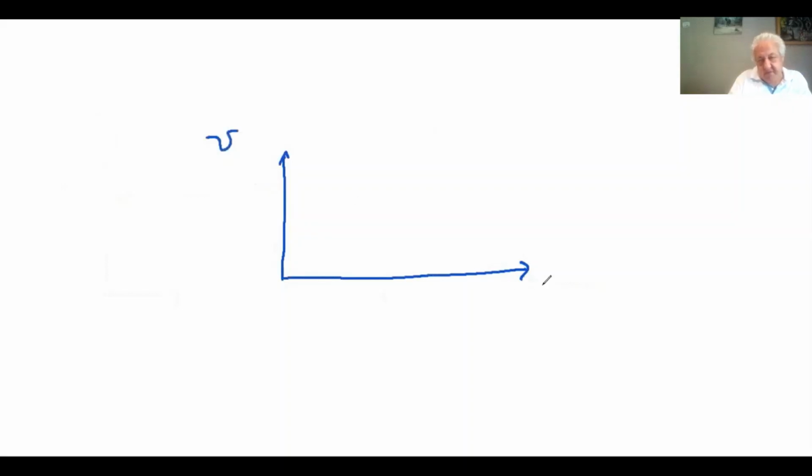Supposing we have a velocity with this value, then it changes with a corner and becomes this value, then it changes again. These are impossible, because this represents a change in velocity in a single instant in time, which means the acceleration is infinite. So such corners on a velocity time graph are impossible. You have to have a curve there.